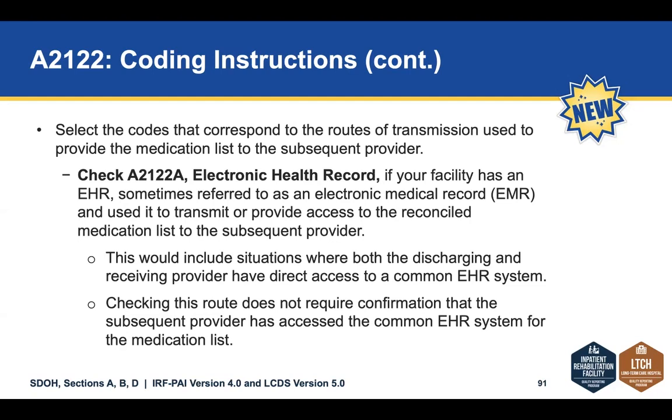This can happen when both the discharging entity and the subsequent provider have direct access to a common EHR. It's important to note that checking this route doesn't mean that there has to be any kind of confirmation that the subsequent provider has access to the EHR to obtain the medication list. We're just documenting here that the reconciled medication was sent to the subsequent provider via this route.